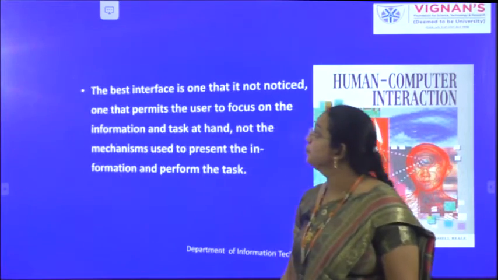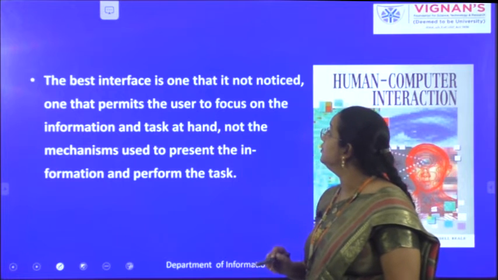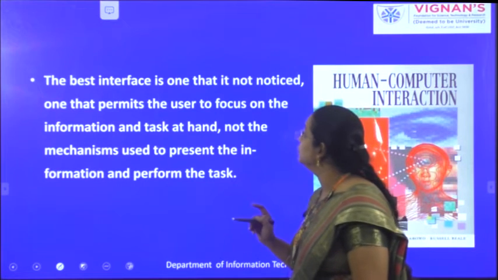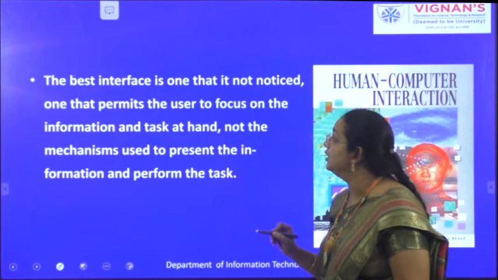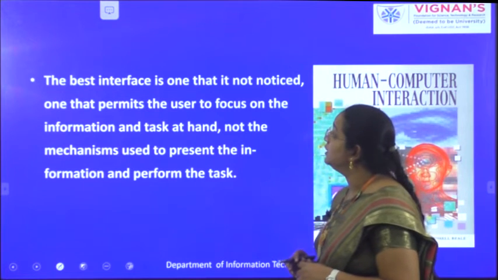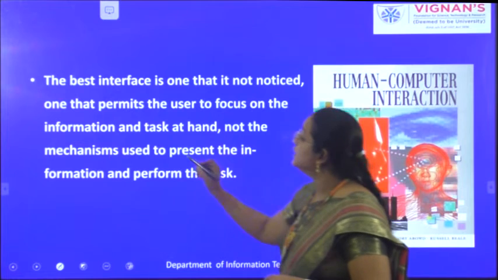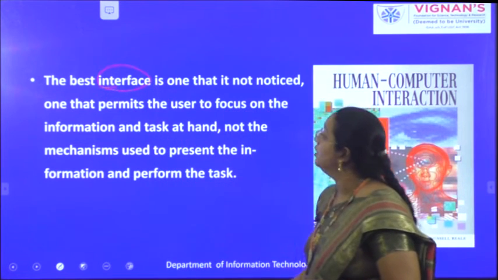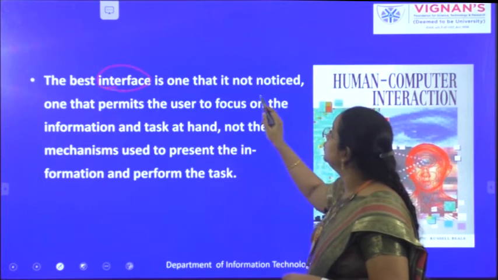Next, the best interface is the one that is not noticed, one that permits the user to focus on the information and task at hand. We can say that a particular interface design is the best whenever it is not noticed.